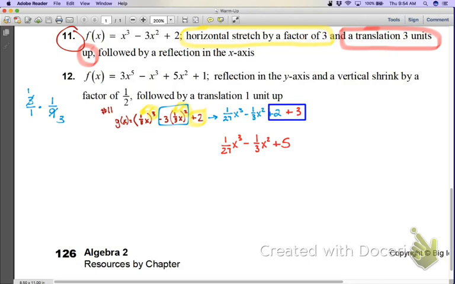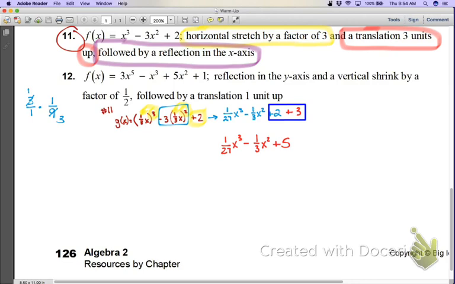Then the last thing, here in purple, is followed by a reflection over the x-axis. So if it's a reflection, that means there's going to be some sort of negative. Where's that negative going to go? To all of it, right?